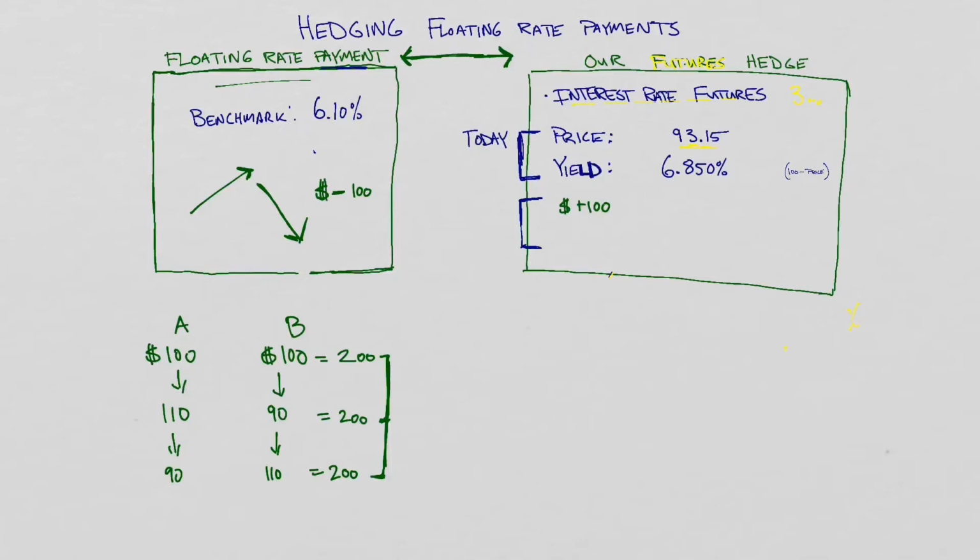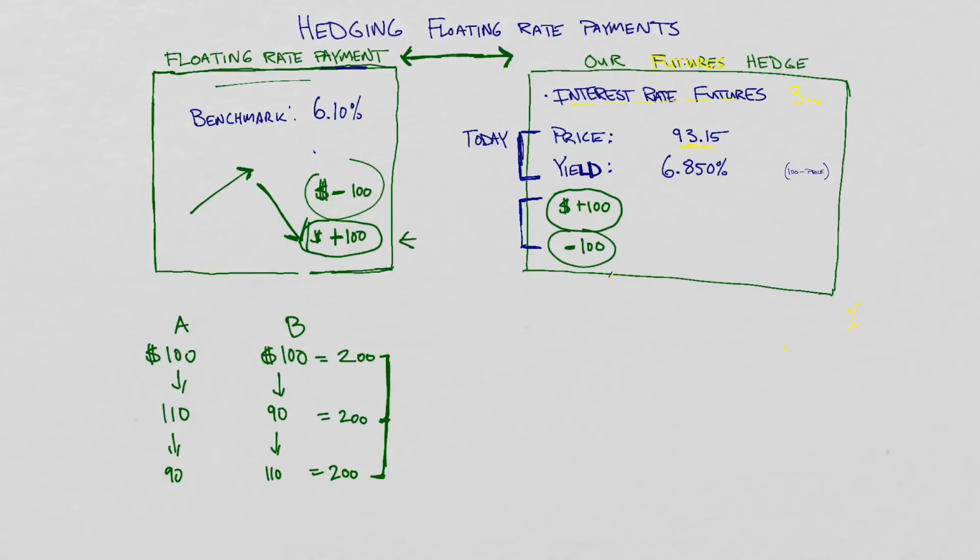But fortunately, if we structured this right, our futures contract pays off by that amount as well. Likewise, if we actually save $100 because interest rates have fallen, so our loan payment is cheaper, well, we agreed to go either way with a futures contract. It's not like an option. You either have the gain or the loss. In this case, we lost $100.